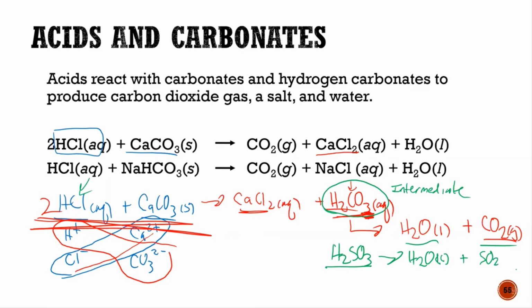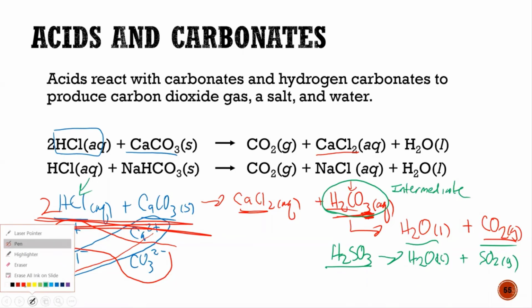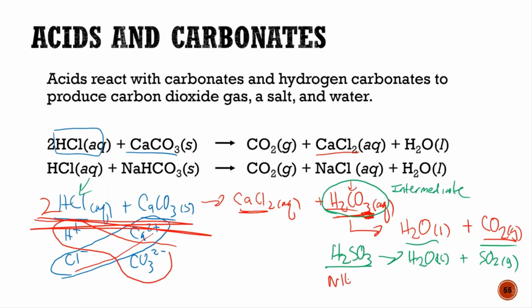SO2 gas. So that's another example of where I can produce a gas from an unstable intermediate in a double displacement. And another example would be, you guys might remember this, the ammonium hydroxide. And if I take out water from that, which I'm going to write as HOH, it's a lot easier for me to see what's left over now, ammonia gas.